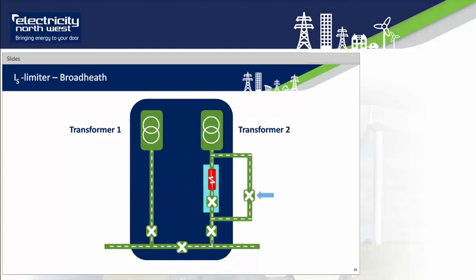The second site is at Broadheath in Manchester, where we're using the IS limiter in a different configuration. At this site we have the IS limiter acting as a closed transformer breaker. The green line and blue arrow at the right of the slide are just a bypass switch used during the trial and would not normally be installed.